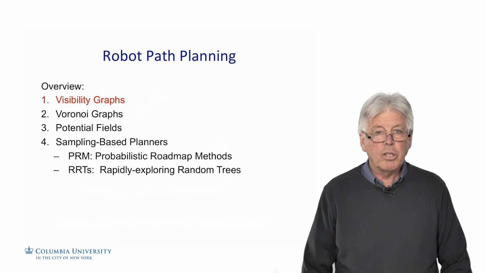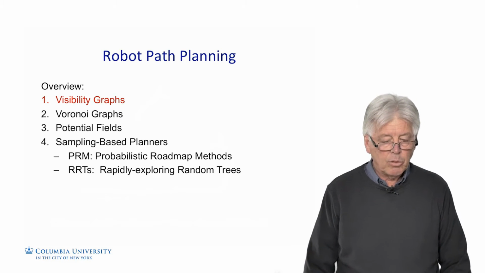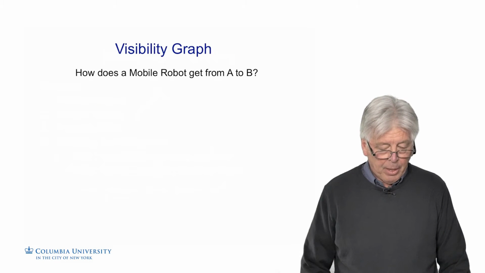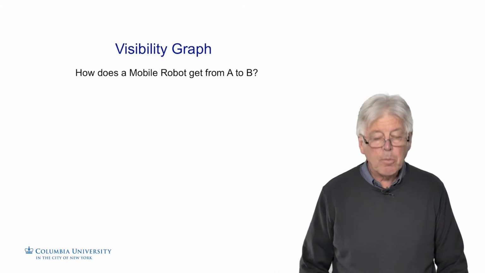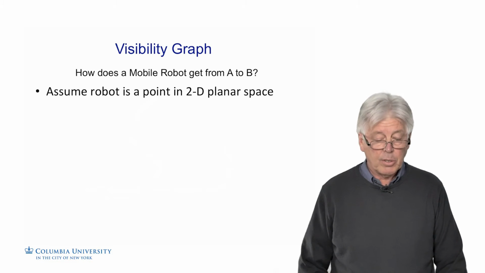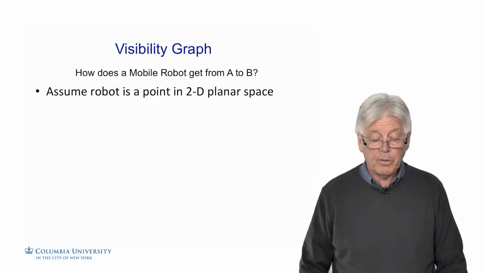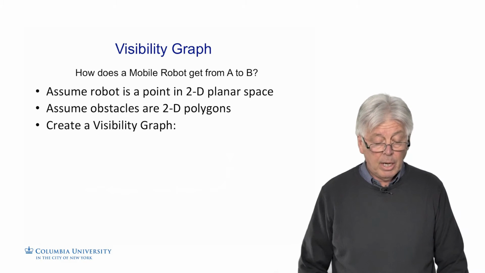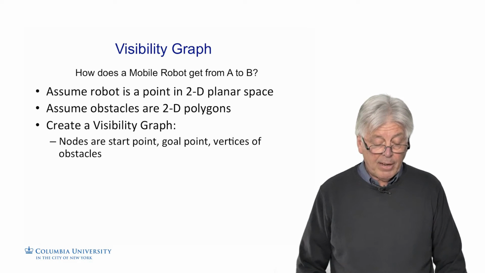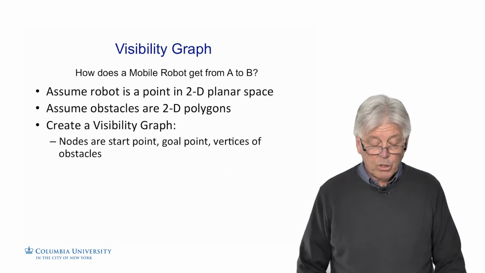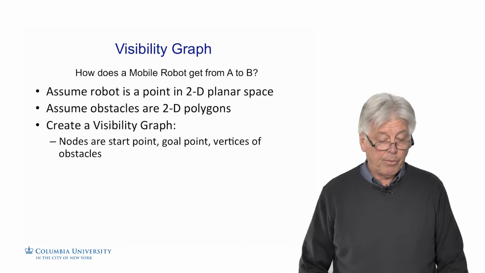So let's take a look at some solutions to these problems and some ways we can do path planning. The first one we're going to look at is a visibility graph. So the question, how does a mobile robot get from A to B? Well, let's make some assumptions. Let's assume the robot is a point in 2D planar space. So assume the obstacles are 2D polygons. And we want to create what's called a visibility graph. A visibility graph has nodes which are the start point, where you're starting from, a goal point that you want to reach, and the vertices of the obstacles themselves.